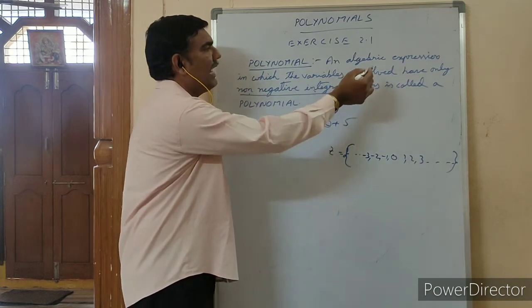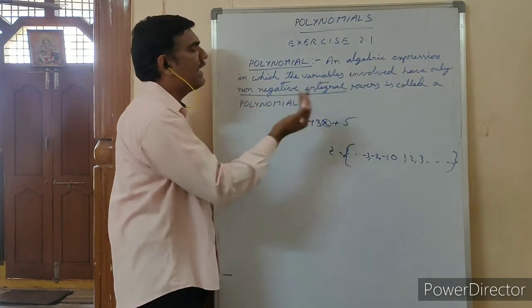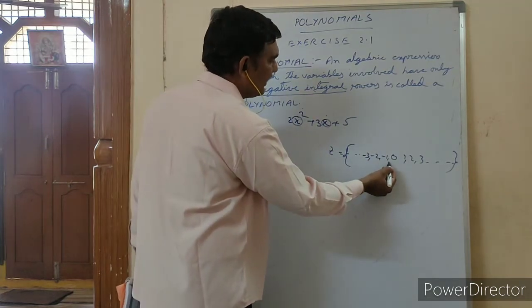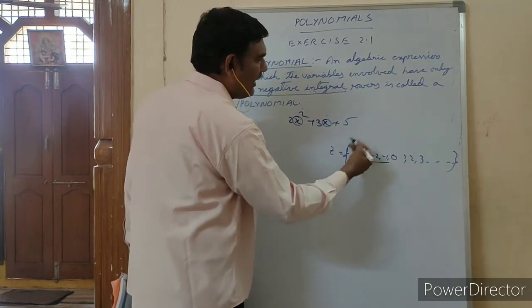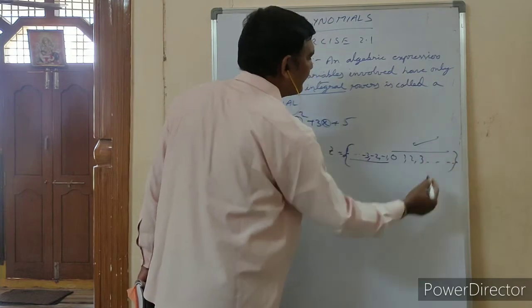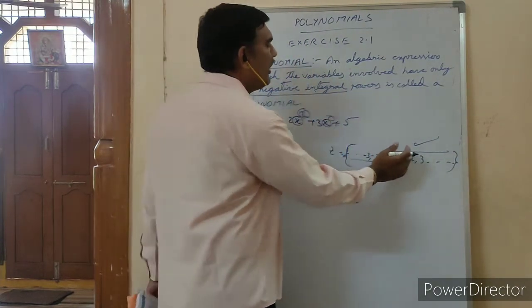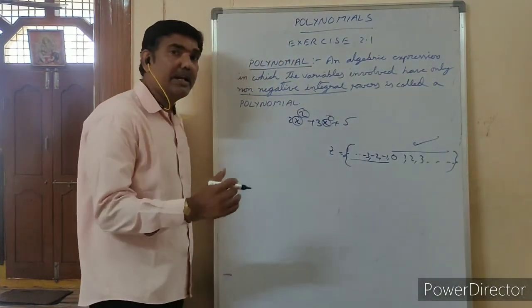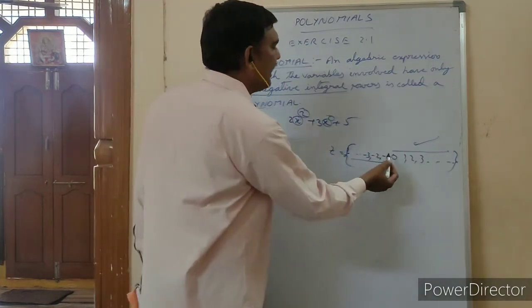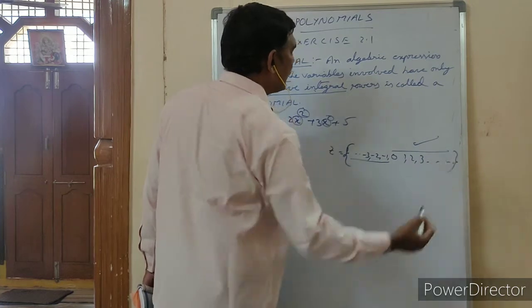Variables involved have only non-negative. See, these all are negative. Non-negative means powers must be non-negative integers. Non-negative integers means power can be 0, 1, 2, 3, etc.